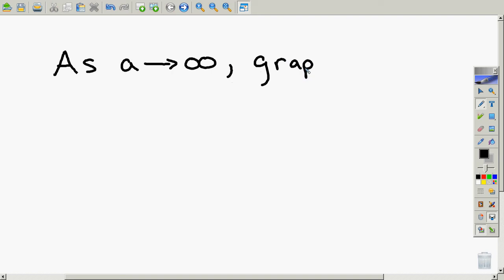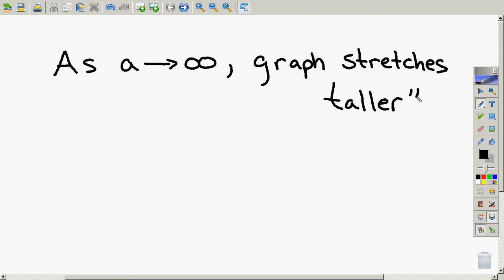So what you should have noticed is that as A approaches infinity, that means as A gets bigger and bigger, the graph ends up stretching taller. And I'll say taller kind of in quotes here. Okay?